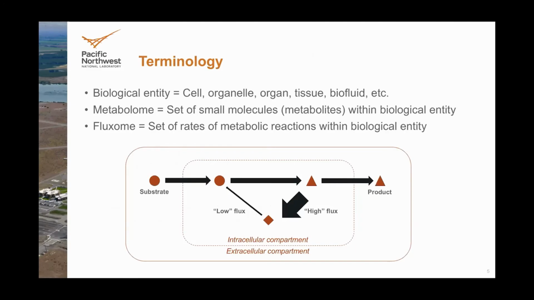What we've got at the bottom of the slide, there are some compartments. So we've got an intracellular compartment with some intracellular metabolites, and we've also got an extracellular compartment with our substrates and our products. And you can see that we have flux, the rate of change of the concentrations of those metabolites, and the amount of flux is being indicated by the thickness of the arrow in this cartoon.